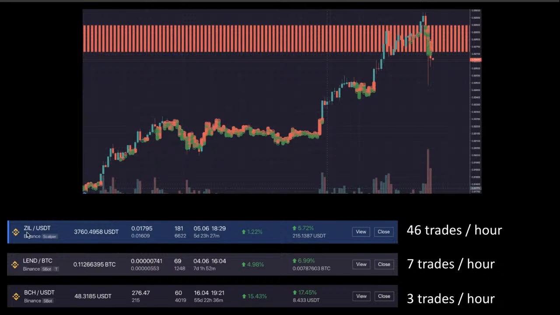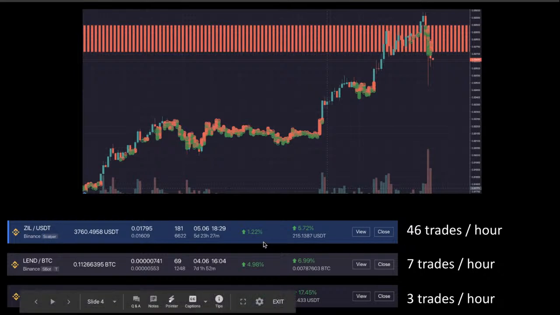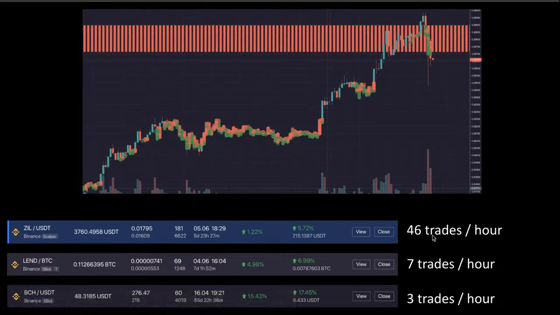And here's the example. For instance, Zilliqa trading to USDT, and with the scalper bot, you see I was able to make approximately 46 trades per hour absolutely automatically.